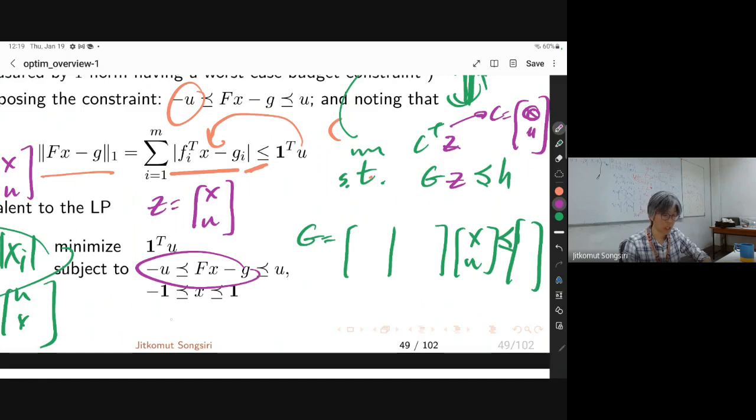It's going to be Fx minus u less than g, right? Can you fill it in? First row. U is a vector.